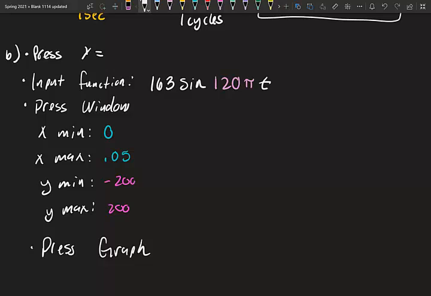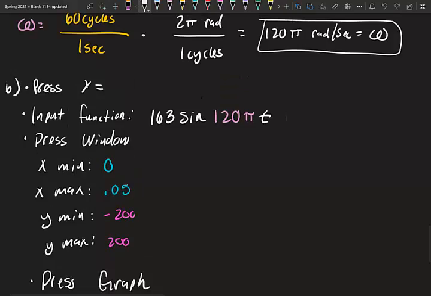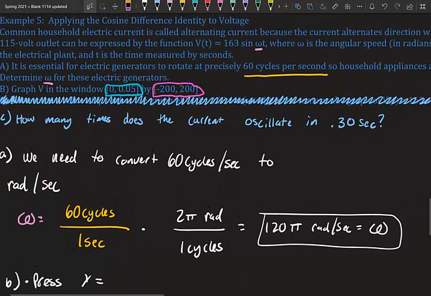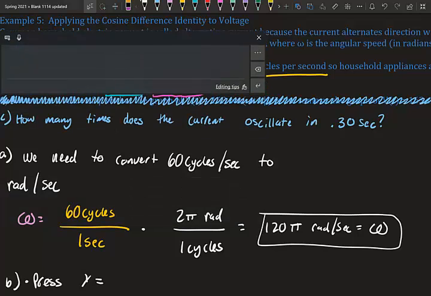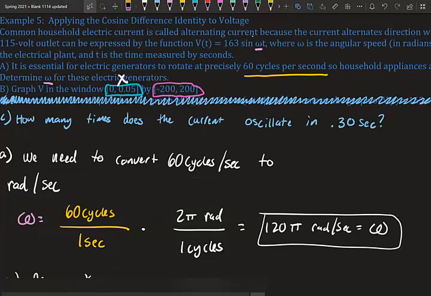We press window: x minimum is 0, x maximum is 0.05, y minimum is negative 200, y max is 200, and press graph. Why those numbers? Because that's the parameter it told us to graph in. These are our x values, our domain, and these are our y values, our range. It's always set up that way.